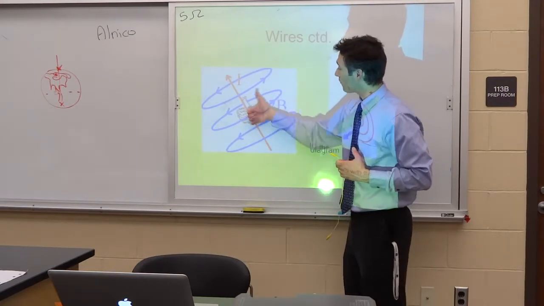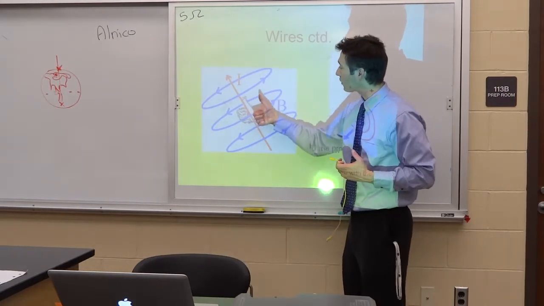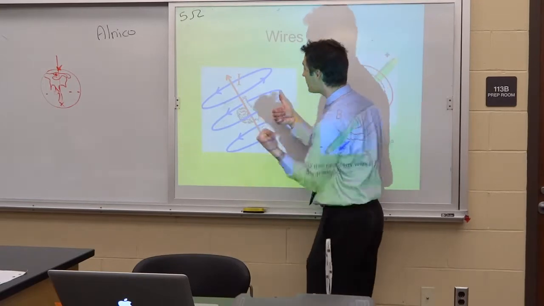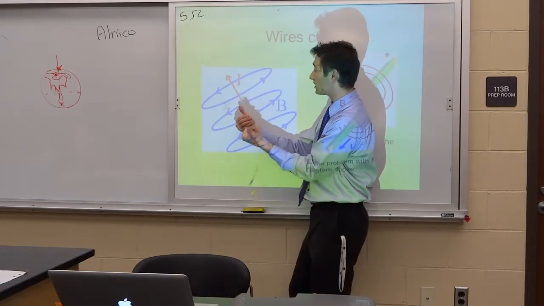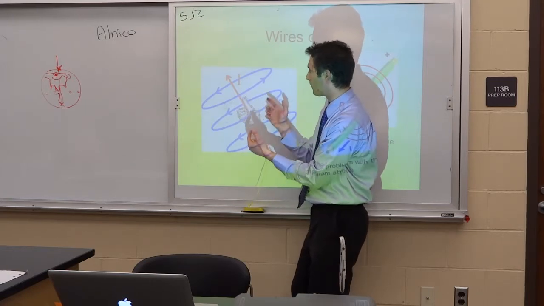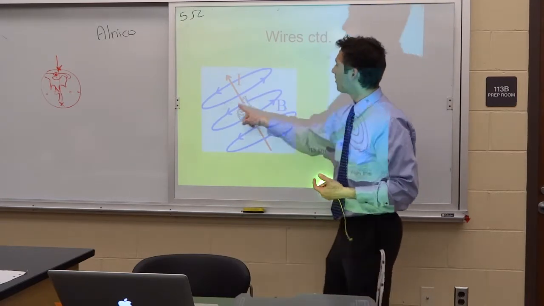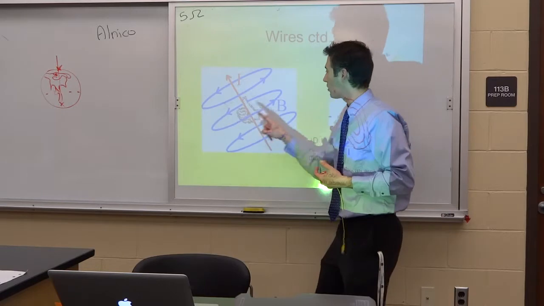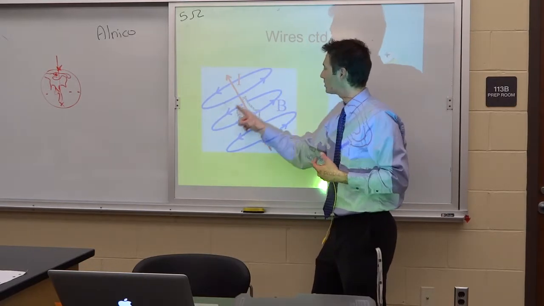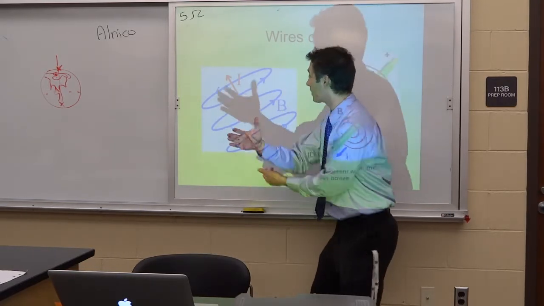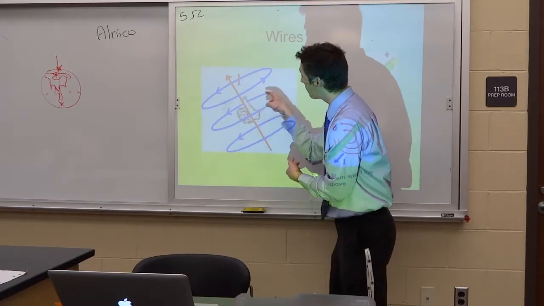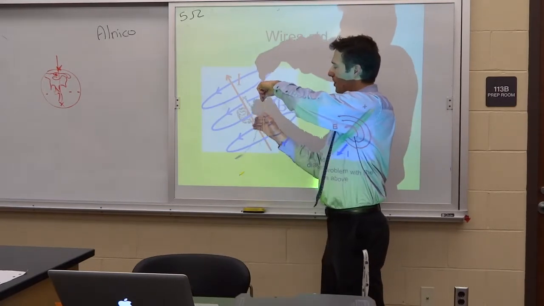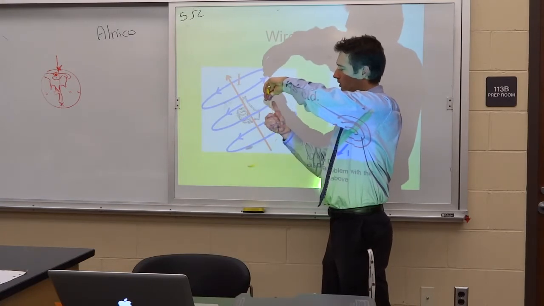So in this one, we wrap our hand around the wire, metaphorically, and in front of the red wire, the field lines are going this way. Behind the red wire, they're going that way. And I don't have a great way to describe that.